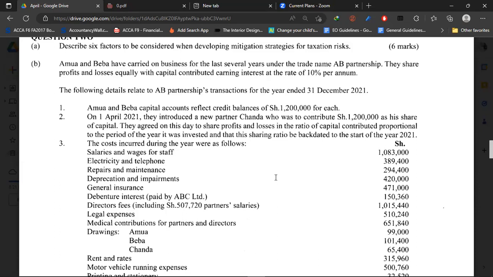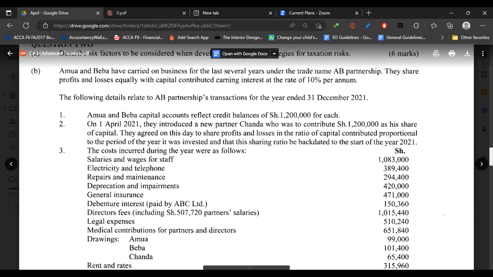We have directors' fees including 507,720, partner salaries amounting to 1,015,440. We have legal expenses, 510,240, medical contributions for partners and directors, 651,840. We have drawings by Amua, 99,000. Beba had drawings of 101,400. Chanda had drawings of 65,400. Rent and rates at 315,960. Kindly scroll down. Okay.